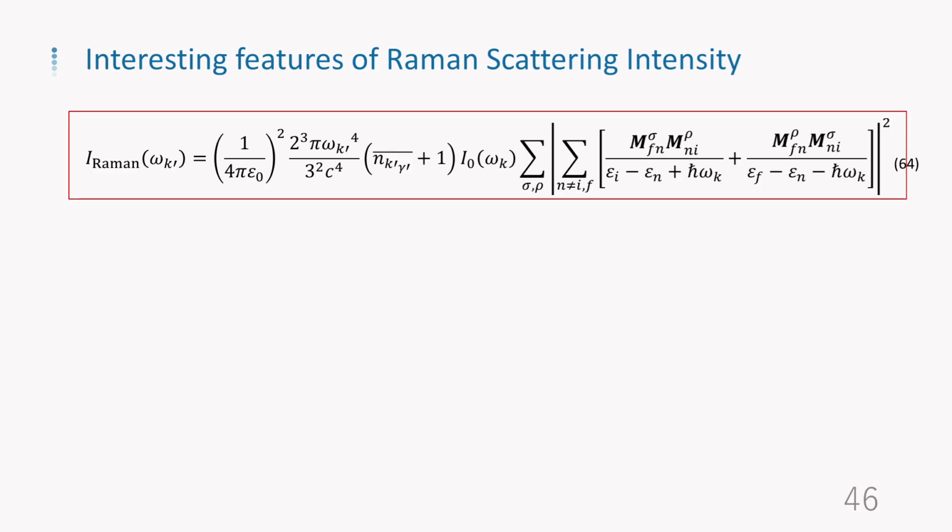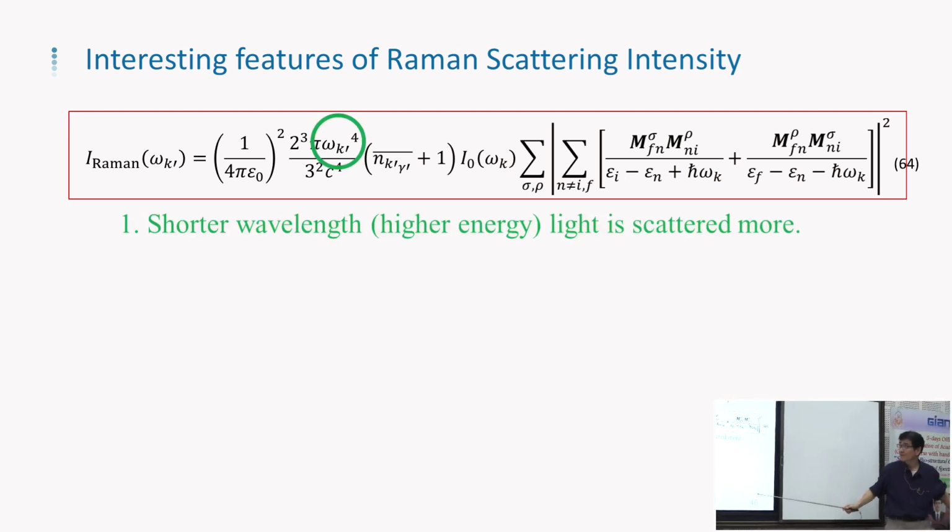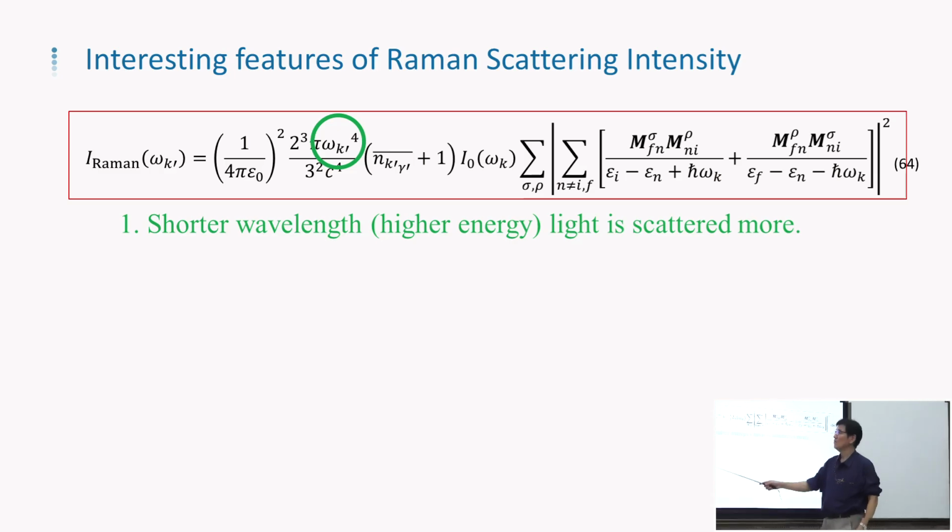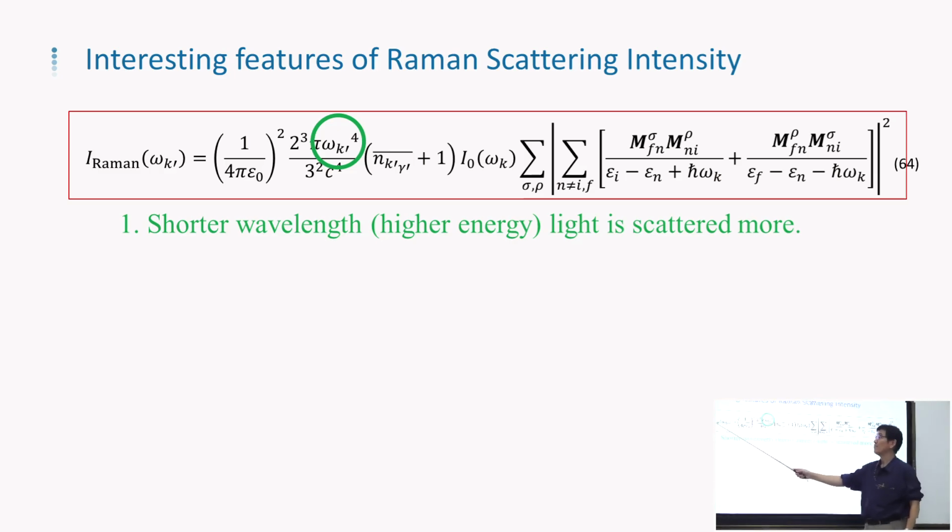We can learn some features from this equation. First, Raman intensity depends on the fourth power of the angular frequency of the scattered light. That is, shorter wavelength light is scattered more. Okay?